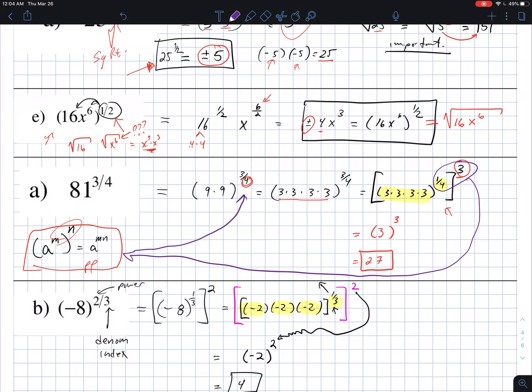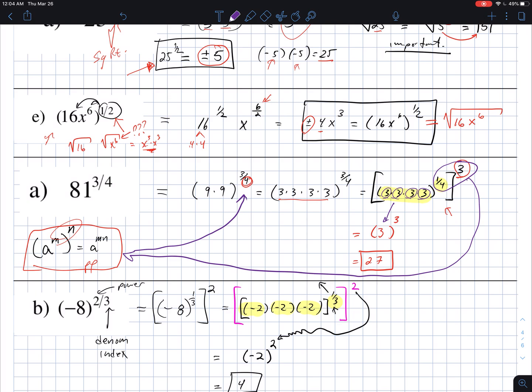Because 3 times 1/4 is 3/4. So I need 1, 2, 3, 4 3s to pull 1 out, and oh, that was cool. That happened last time, too. That was neat, wasn't it? So I took 4 of those 3s, and I can only take 1 of them out.